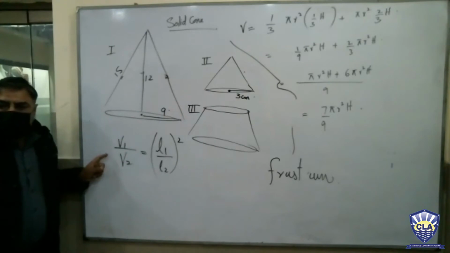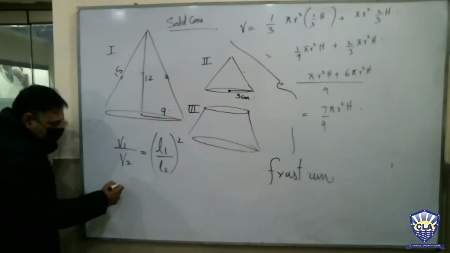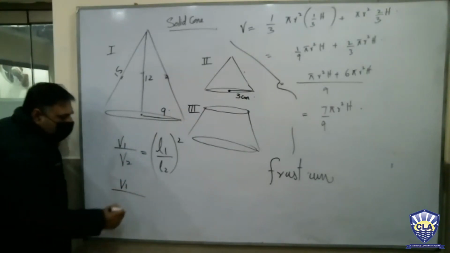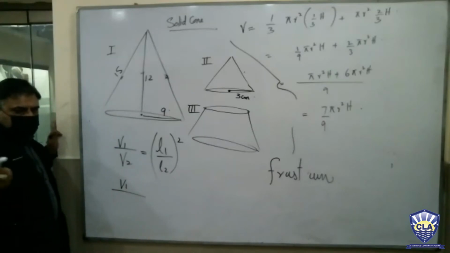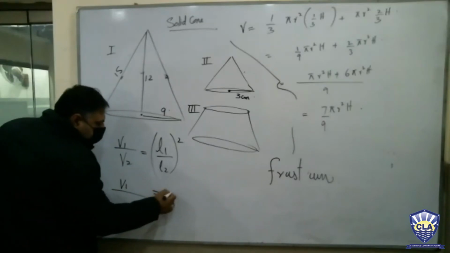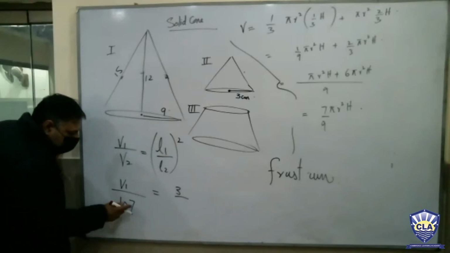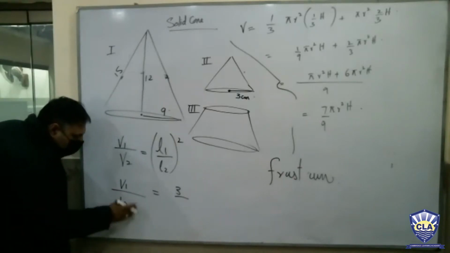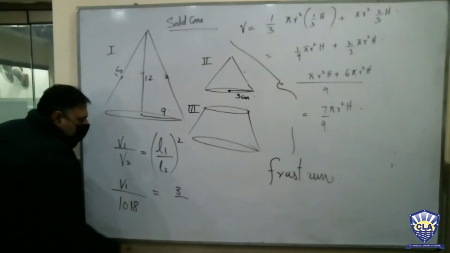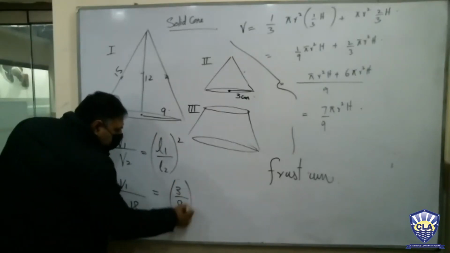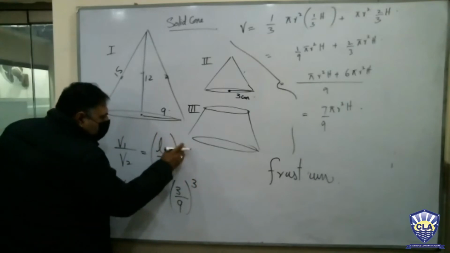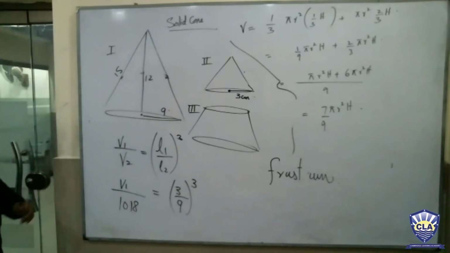What is the volume of the larger cone? 1017.9. V1 over 1018 equals 3 over 9 whole cube for volume. It will be centimeter cube.